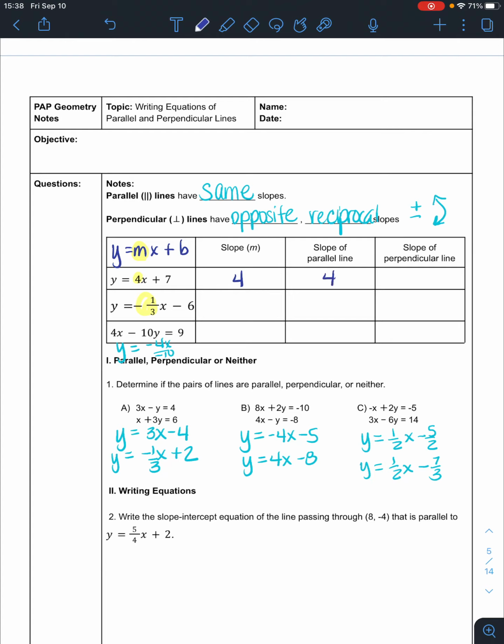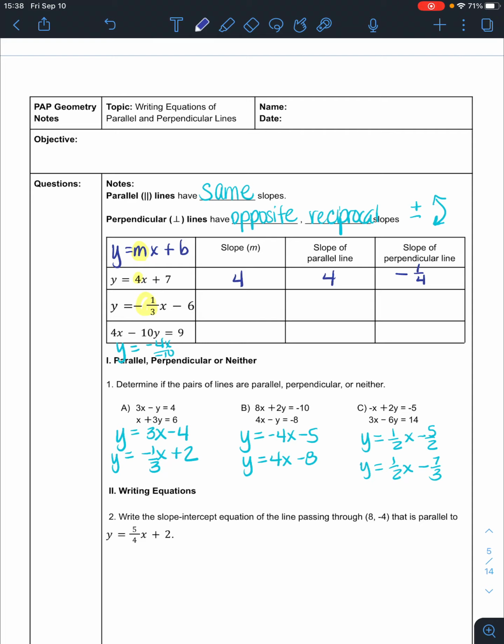If we want it to have a slope that is perpendicular, it will be the opposite reciprocal. So 4 is positive, so our new slope will be negative. And then 4 can be made into a fraction by putting 4 over 1. So our reciprocal would be 1/4. So our opposite reciprocal or perpendicular slope would be -1/4.